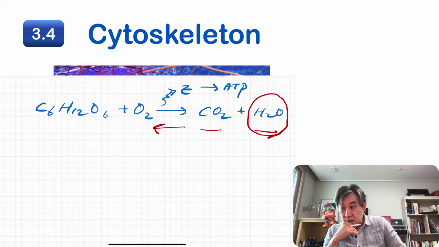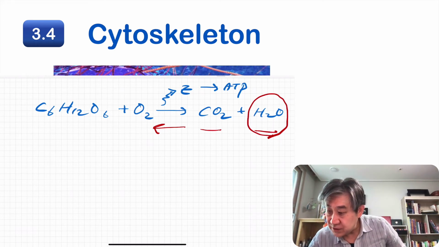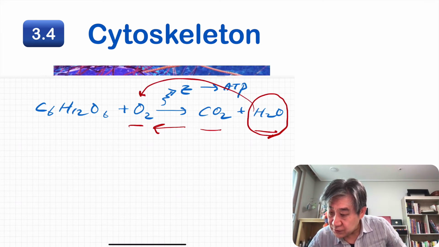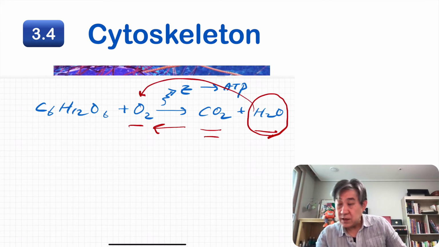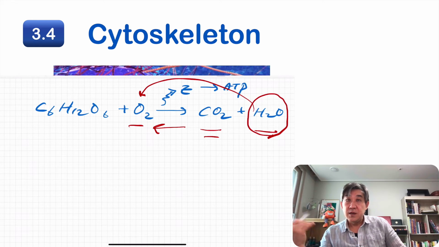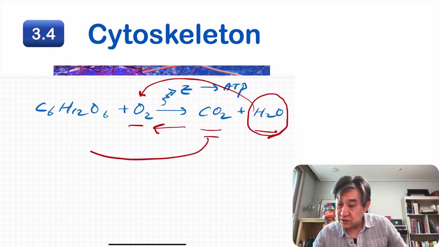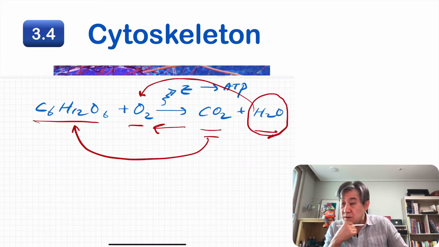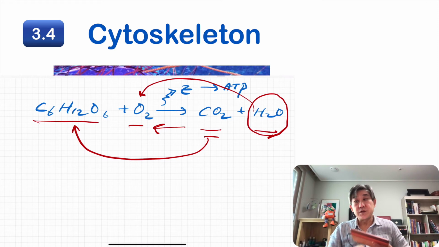Because of that, oxygen is produced, and carbon dioxide is needed in the second stage, which is the dark reaction, and this carbon dioxide is fixed into the glucose molecule. So that's the summary of photosynthesis.